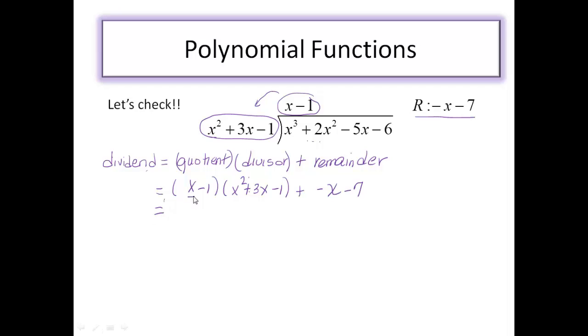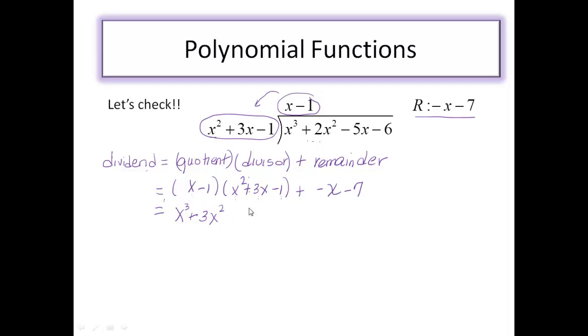I'm going to multiply the x by each one of these terms here. And when I'm done with x, I'm going to take negative 1 and multiply by each one of these terms. So x times x squared is x cubed. Remember, when we multiply equal bases, the exponents are added. x times 3x, that's 3x squared.